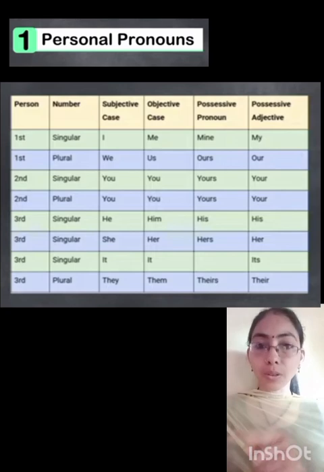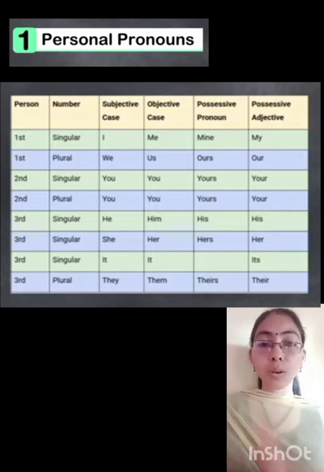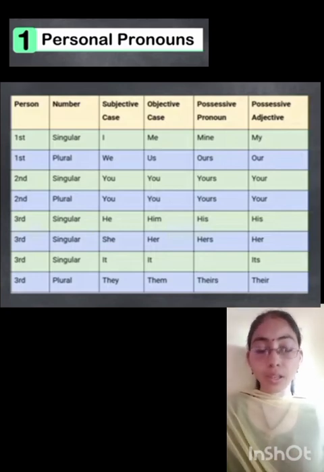This table on your screen is the master table of pronouns. This table gives you all the personal pronouns categorized for different persons, singular and plural. We broke them into subjective and objective, which I'm going to explain shortly. It also covers possessive pronouns and possessive adjective forms of pronouns.